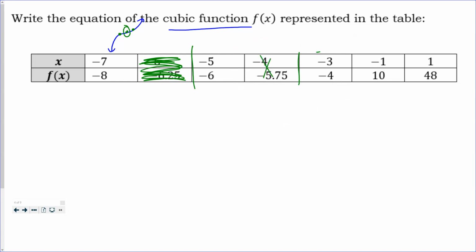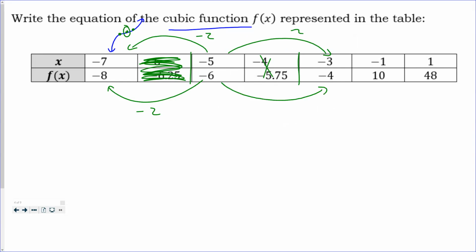So I'm going to try -5, -6 instead. I'm going to see if that is actually in the middle. Look at -5, -6. If I jump 2 to the left to -7, I have a difference of -2. And then if I jump 2 to the right, I have a difference of +2 as well.